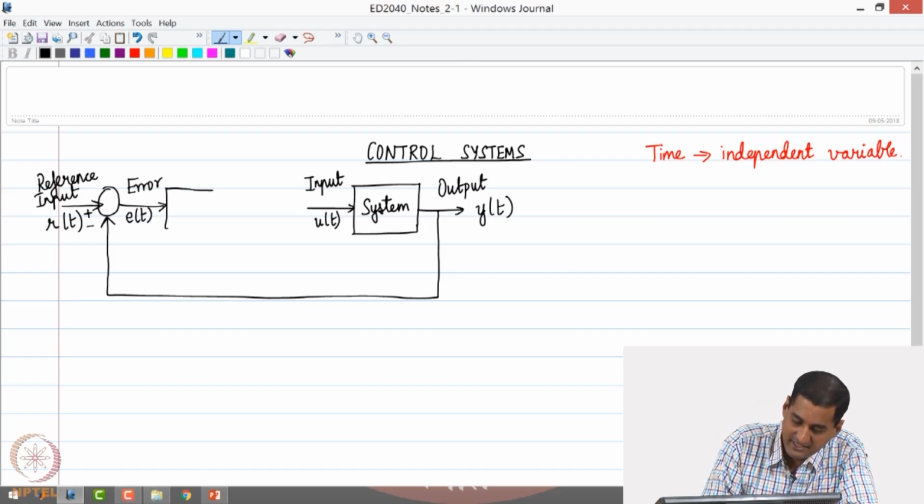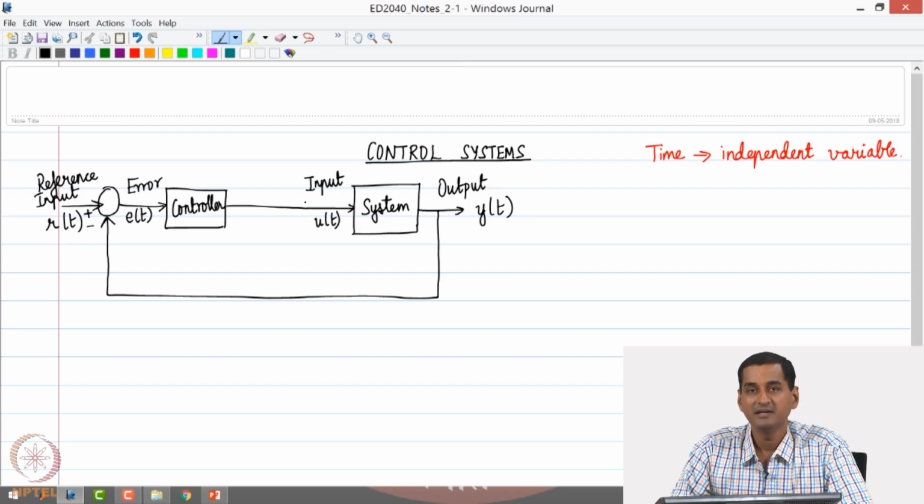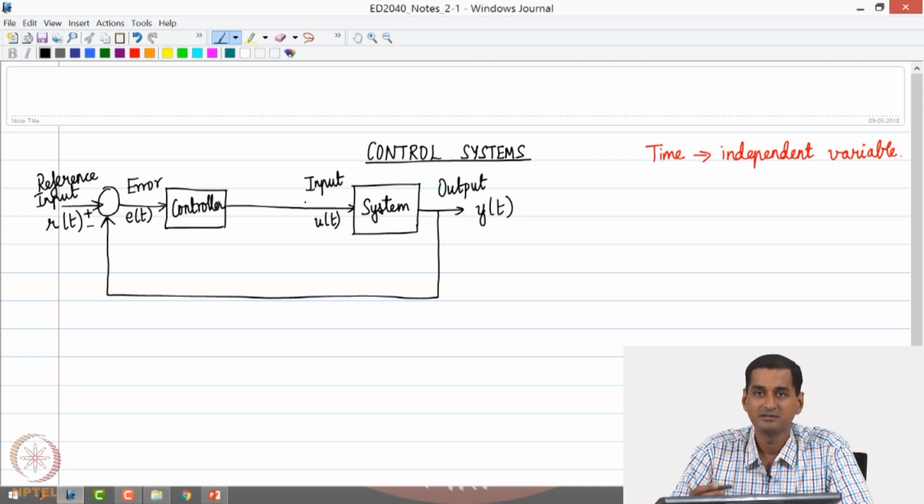So, we pass this error through an element called the controller, which then calculates what should be the input that needs to be provided to the system, so that it can follow the desired output r of t. In other words, the controller is the block that takes in the error between what is desired and what is actually obtained, and then calculates the corresponding input that needs to be provided to the system.